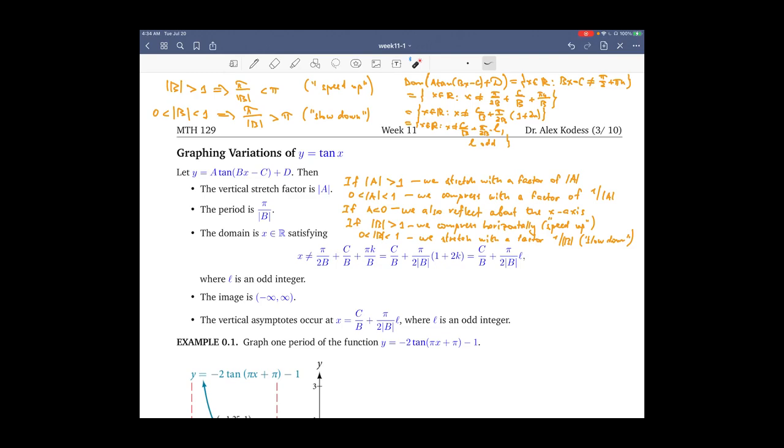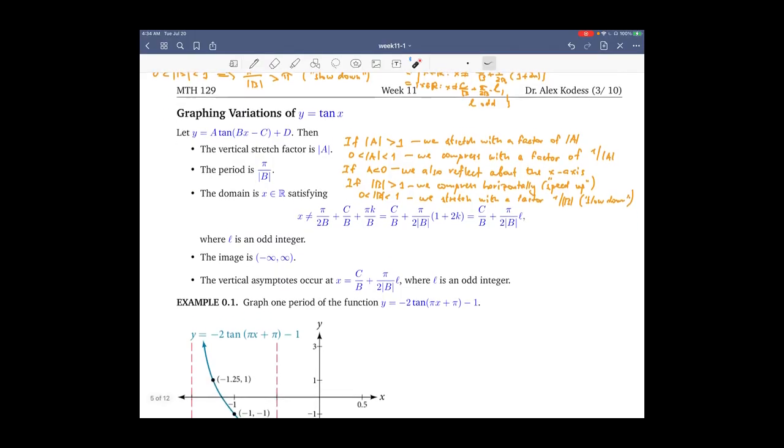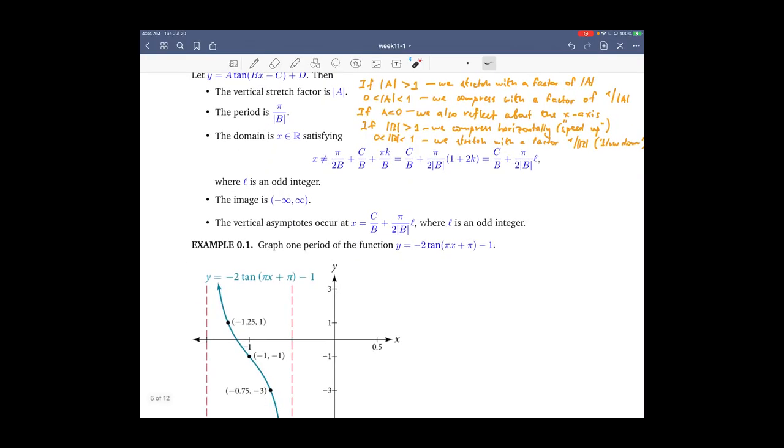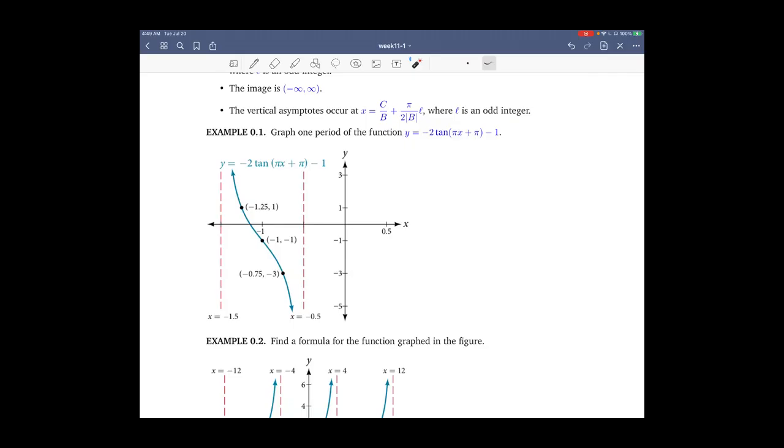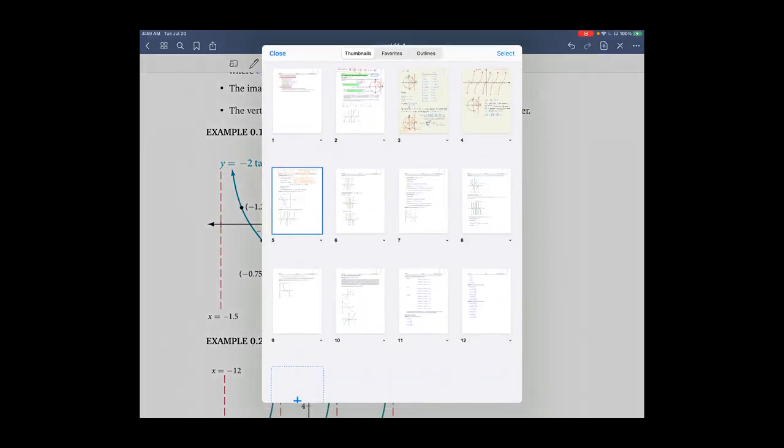And that is about what we wanted to say about graphing variations of tangent. What's left to do is look at some numerical examples. In the first of these numerical examples, we need to graph one period of the function y equals -2 tangent of pi x plus pi, minus 1. Let me add a page.